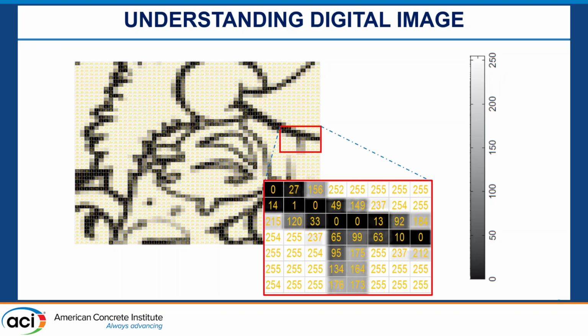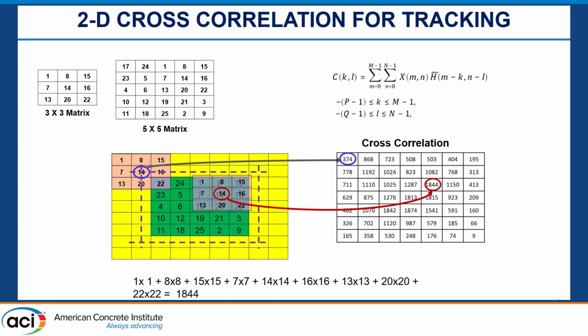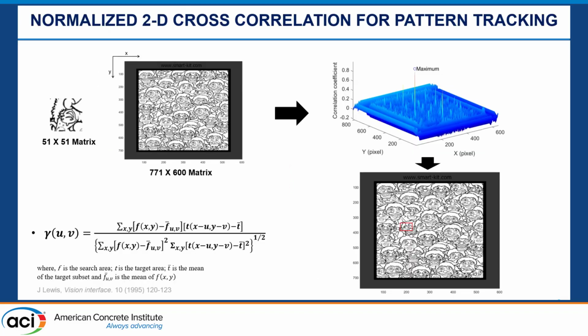When we've got numbers, mathematically we can do something with it. Quite easily, by using some 2D cross correlation, we can take a 3x3 matrix or a 5x5 matrix, do the cross correlation, and get a number that sums it up, for those of you who don't enjoy maths.